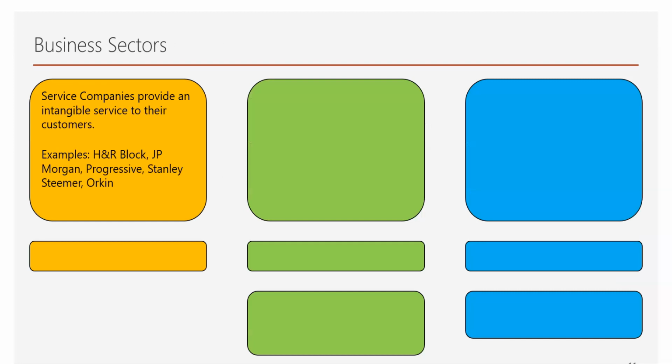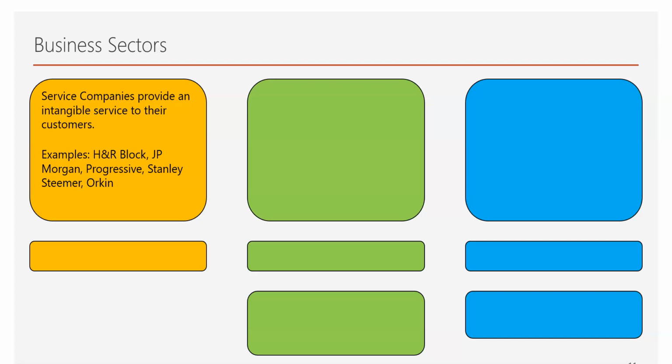Now let's take a look at some business sectors. We have service companies. If you remember from other accounting classes, we have three different types of companies: service companies, merchandising companies, and manufacturing companies. So let's take a look at service companies. Service companies provide an intangible service for their customers. So we're selling ourselves, our time, our expertise, our knowledge.